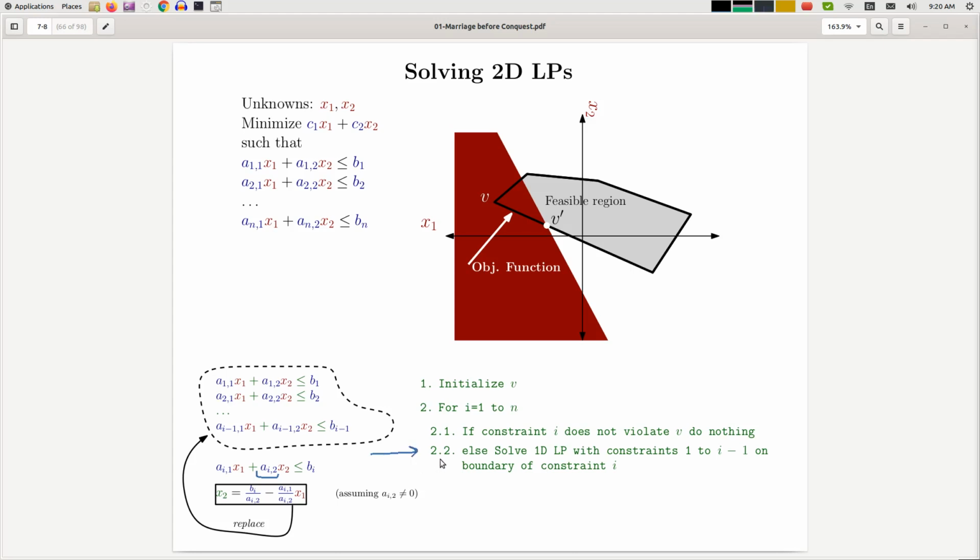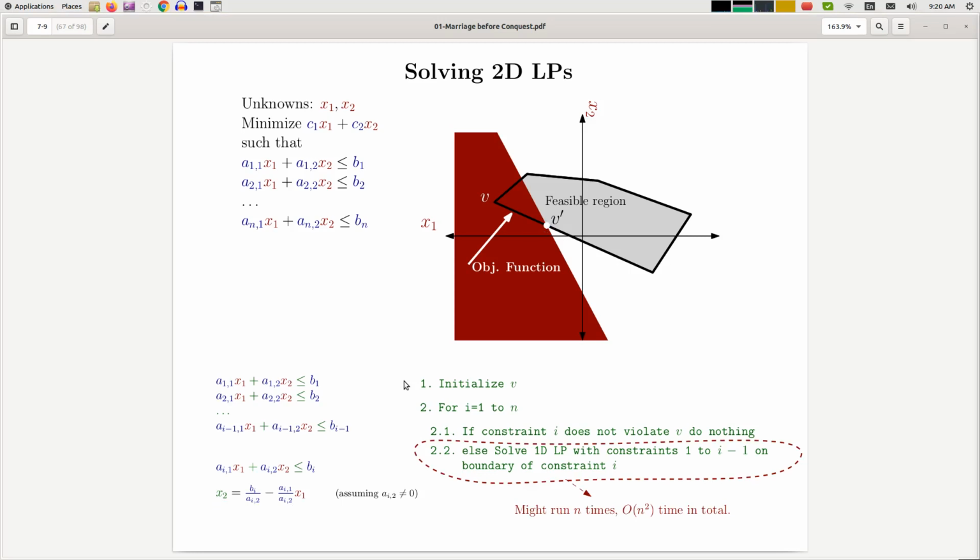If the constraint violates v, then we solve the one-dimensional LP with constraints 1 up to i minus 1 on the boundary of constraint i. That essentially means this operation that we did. Once you solve this on the boundary, you get a value for x1. Then you can plug it into this equality and you get the value x2, and therefore you get the new answer v prime, and then you can repeat this algorithm to find the final answer.